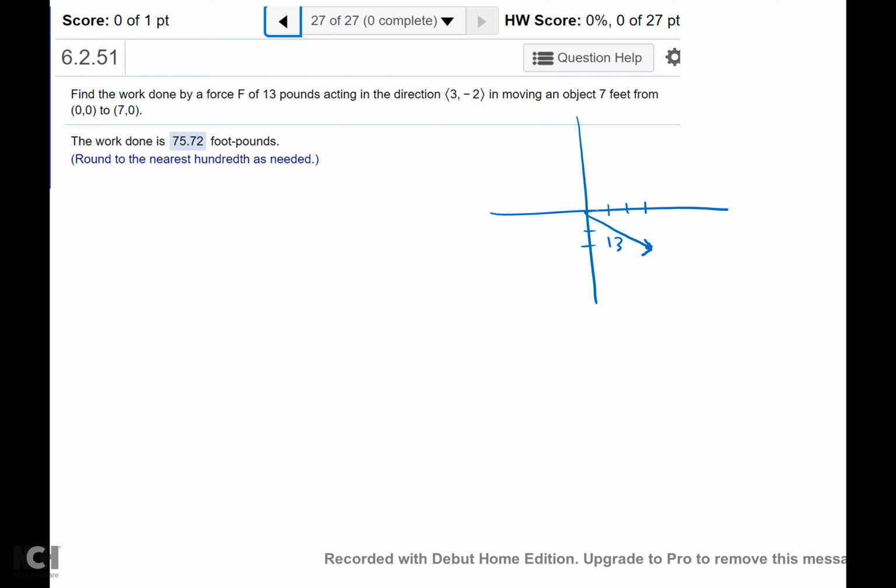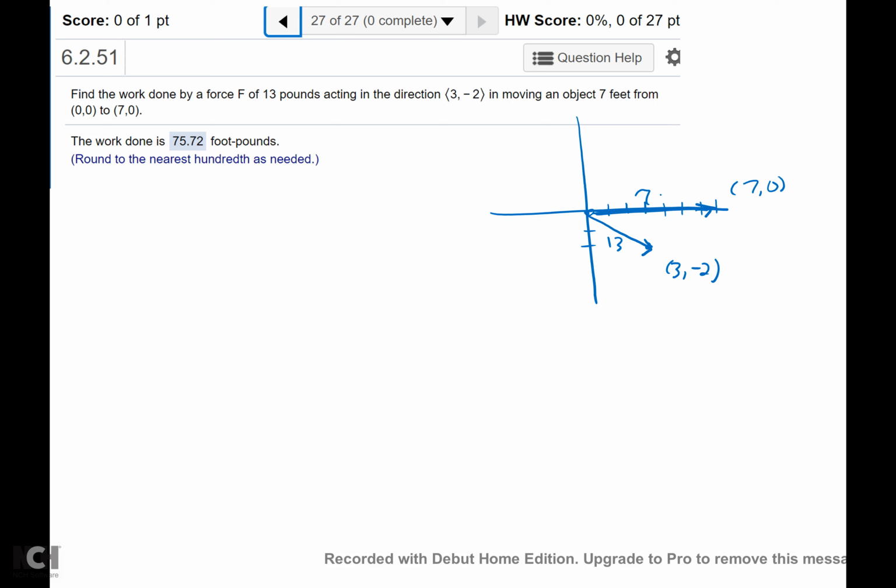You're moving the object from 0, 0 to 7, 0. Okay, so this one obviously has a magnitude of 7.